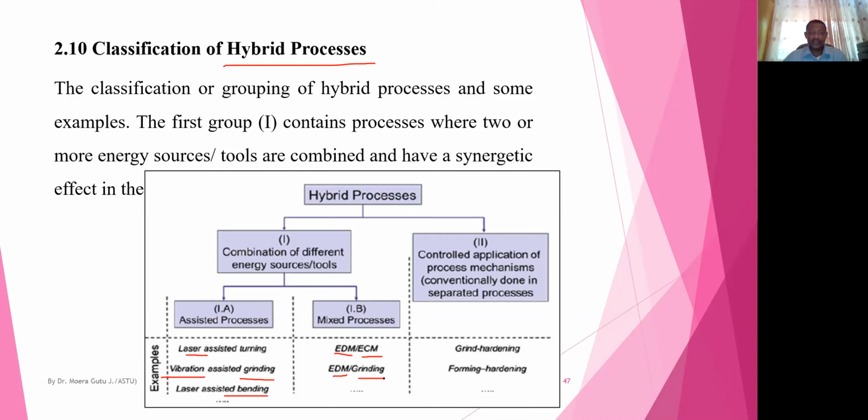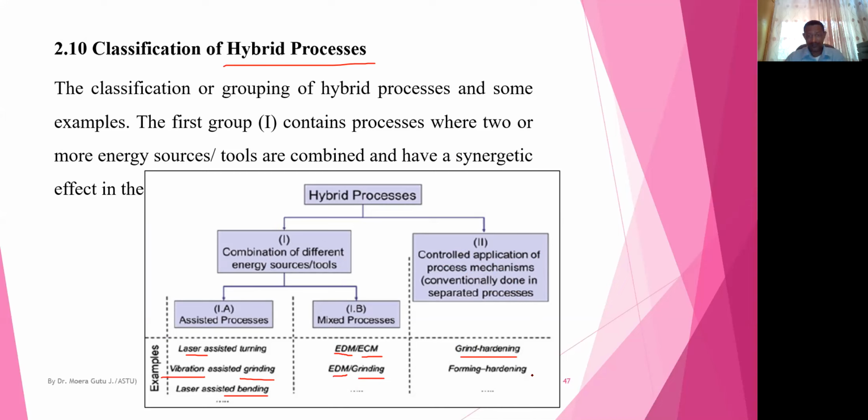As I told you, this hybrid technology is to improve productivity, to ease material deformation during hard machining, to prolong the cutting tool life, and to reduce machining costs. The second, controlled application, means the machining environments should be controlled by some parameters.